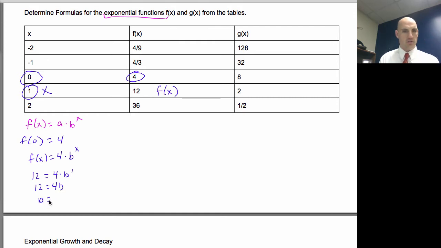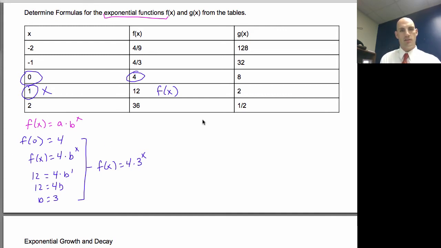So b is equal to 3. What does that mean for my formula? Well, if b is 3, I'd have f of x equals 4 times 3 to the x. That does not simplify to 12 to the x. It's 4 times 3 to the x.